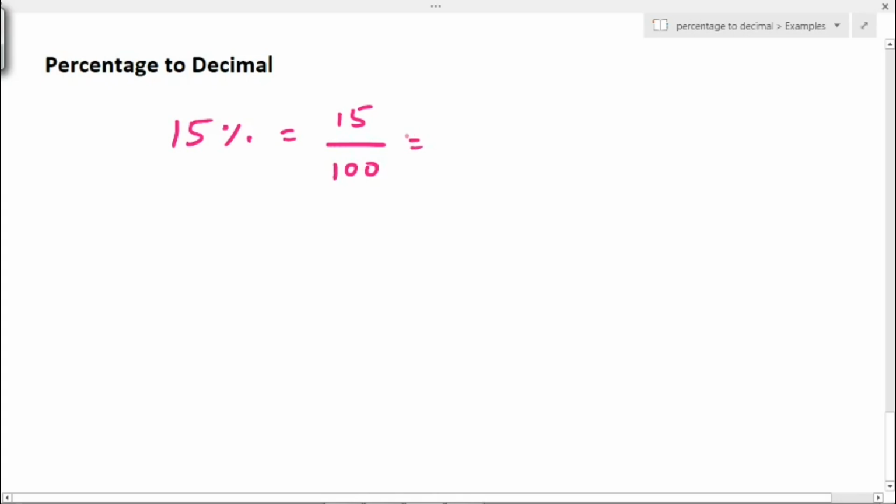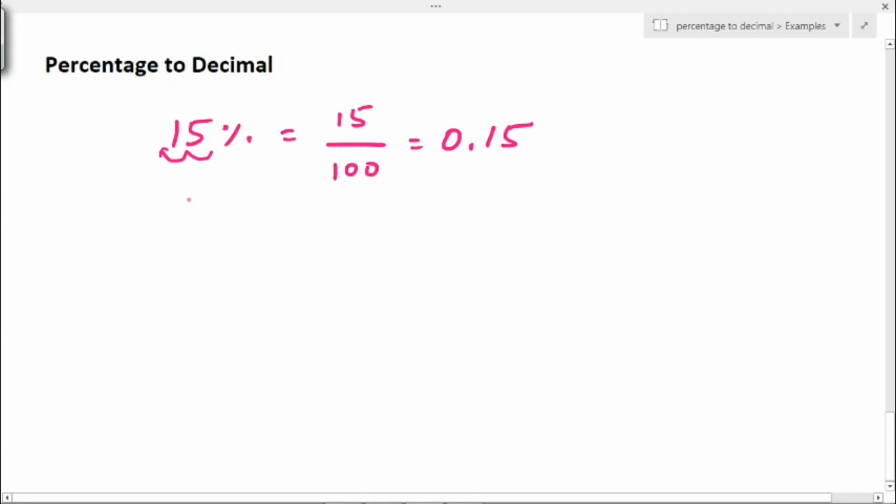Now we convert this into the decimal value. We have to move the decimal 2 places to the left. We start here, so this is 1 and 2. So we write this as 0.15, because if you move 2 places to the left, it becomes 0.15.